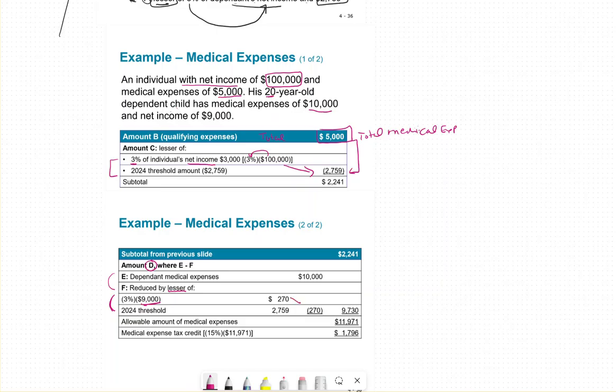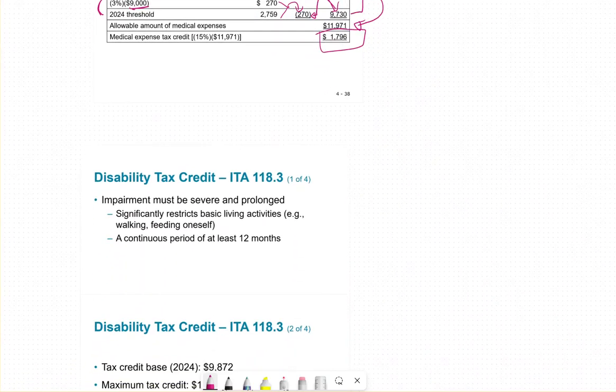The lesser of these two is 270. So your medical expense minus your 270 will be the medical expense that you're allowed to claim. But we cannot claim everything. We get a credit of 15% of that amount. So this is the medical expense credit that the individual is going to get.